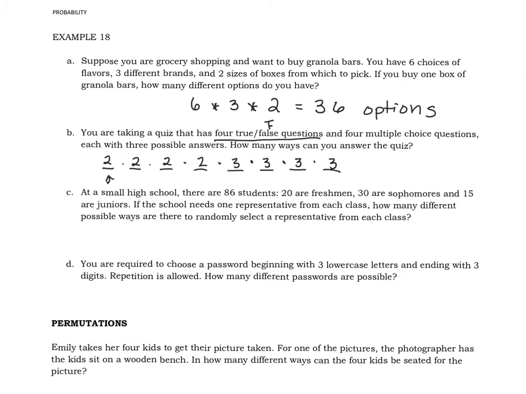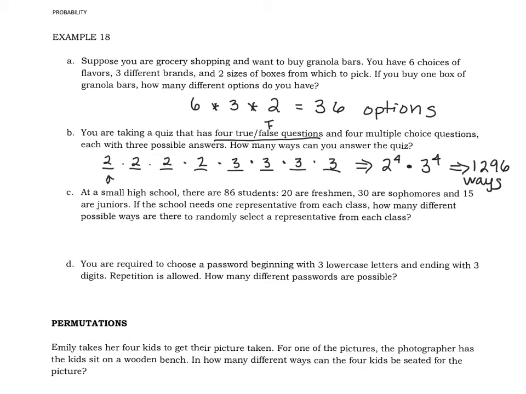Regardless of what you put on question number 1, that's not going to affect what you could put on question number 2. Now, some of you know that you can write this shorthand by using exponential notation, and I get 1,296 ways that you can answer that quiz.